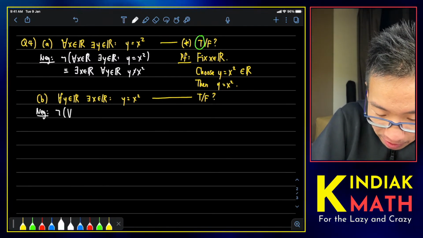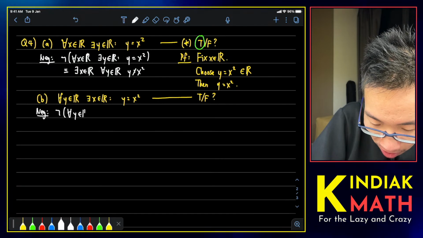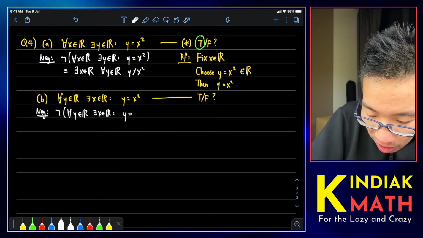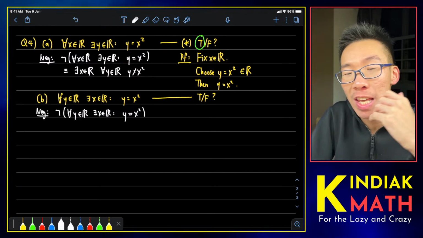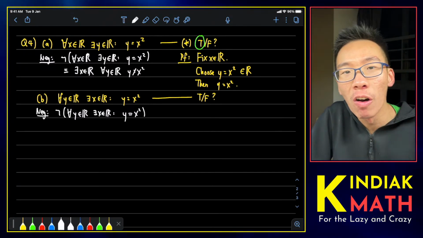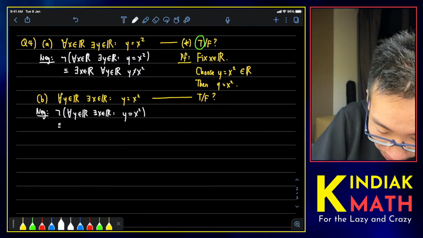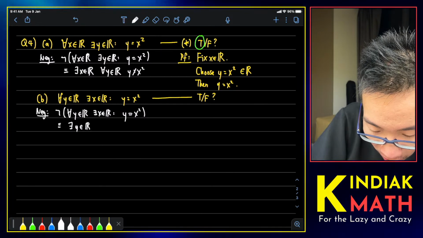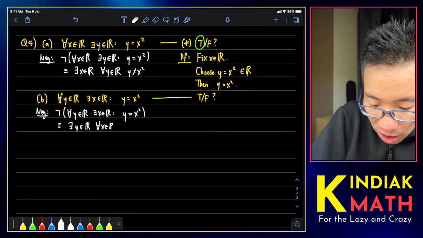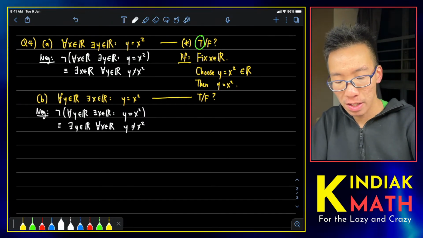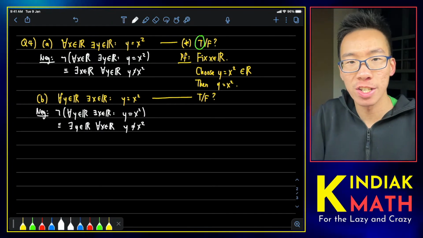Let's negate this statement. And we can follow the exact same rules as before to obtain a very similar expression. But now this raises a question, is this actually true or false?